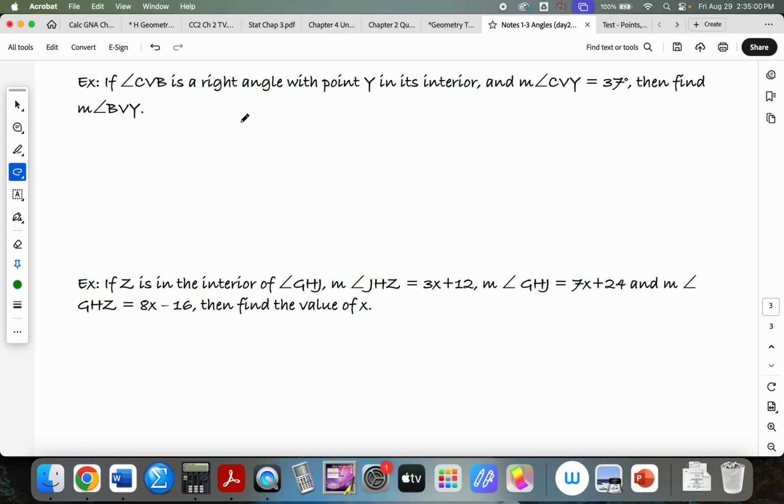All right, couple more. This time it says angle CVB is a right angle. Well, I finally know how big to make this one. All the other ones I've been kind of guessing. So this is a right angle. And Y is in its interior. Well, that pretty much tells me I'm going to have ray VY.